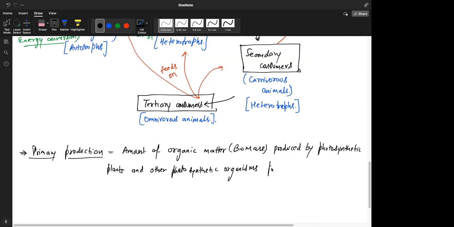Per unit area, per unit time. Simple, right? Per unit area, per unit time. For example, how much biomass did all the plants together combined in a forest produce per meter in a year? Is it clear, everyone?